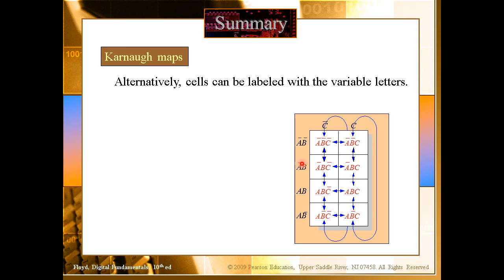It's exactly the same thing. Look at this. This stands for 0, 0, meaning A 0, B 0. This stands for 0, 1. The next one stands for 1, 1. And the last one stands for 1, 0 for AB.